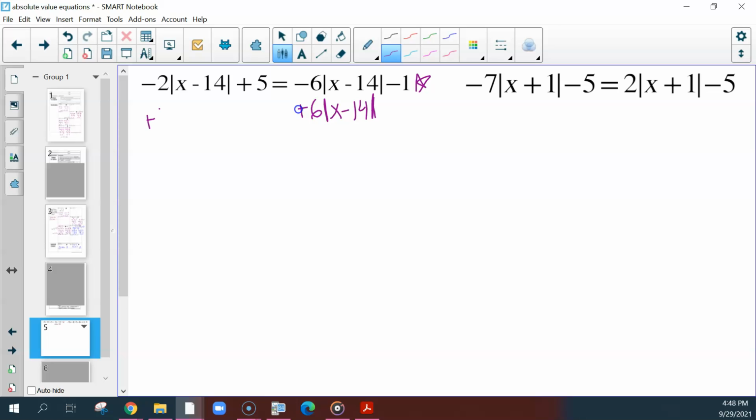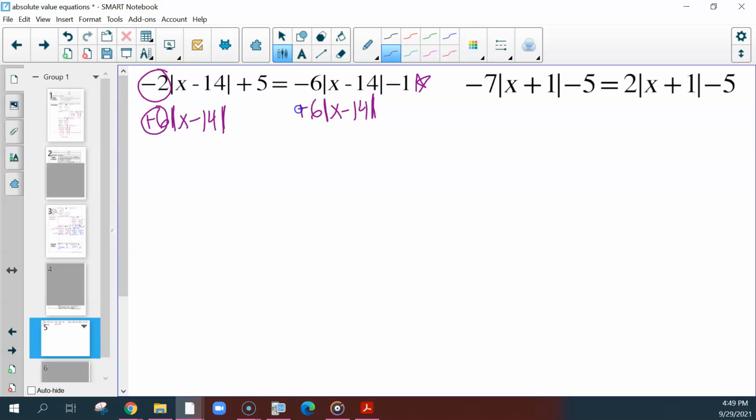And I'm adding this over here. Right? So think about these as like terms. Think about everything inside the absolute value as your value or your variable x, or you could pick a different one. Because these have the same, I'm quoting, variable, I can combine these two.